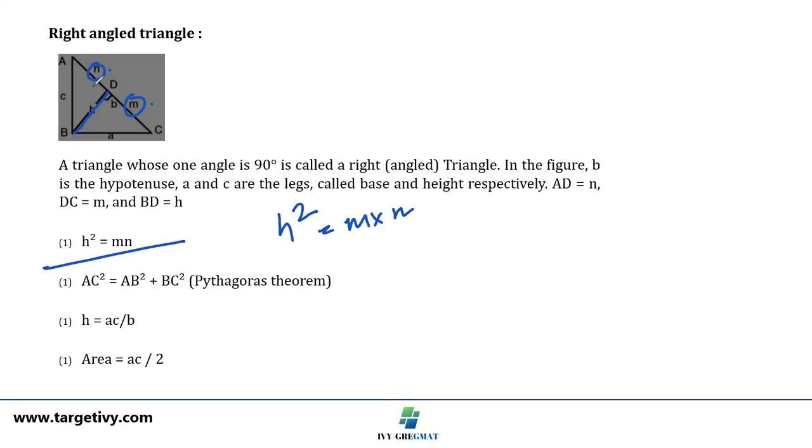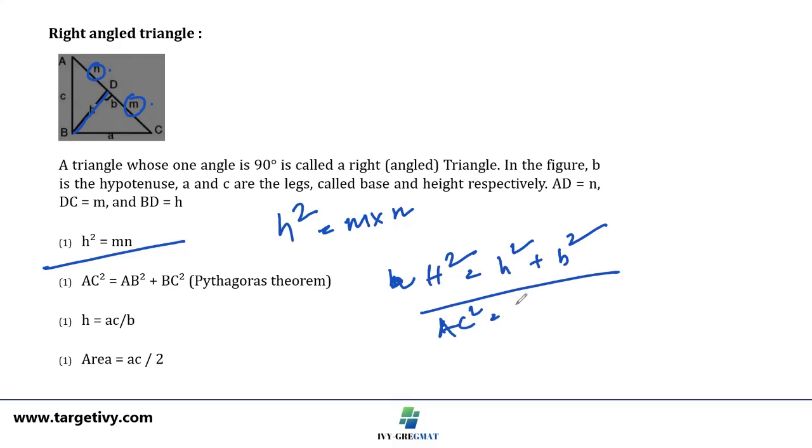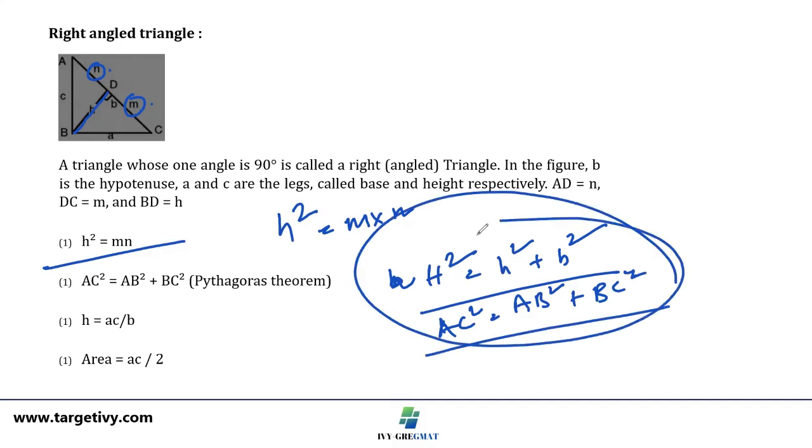The hypotenuse square is equal to the height square plus base square, or AC square is equal to AB square plus BC square. This gentleman Pythagoras came out with this theorem, and this comes pretty handy when we are solving right angle triangle problems.